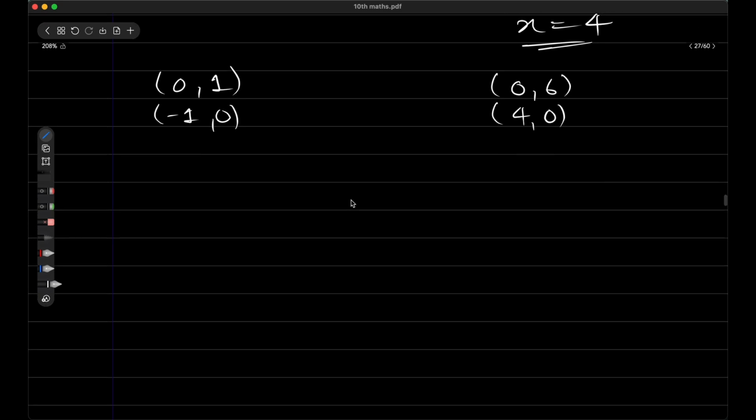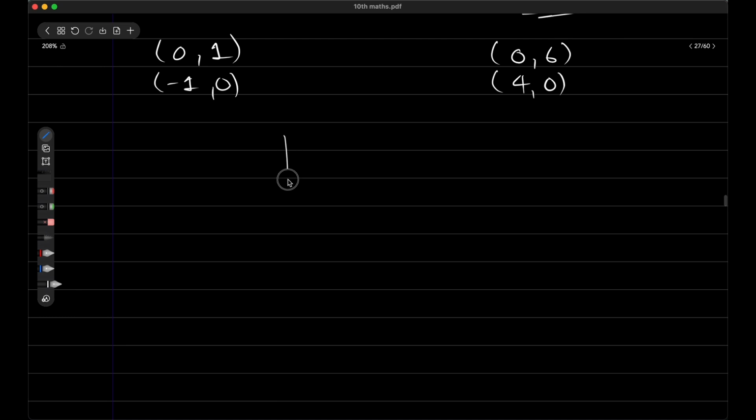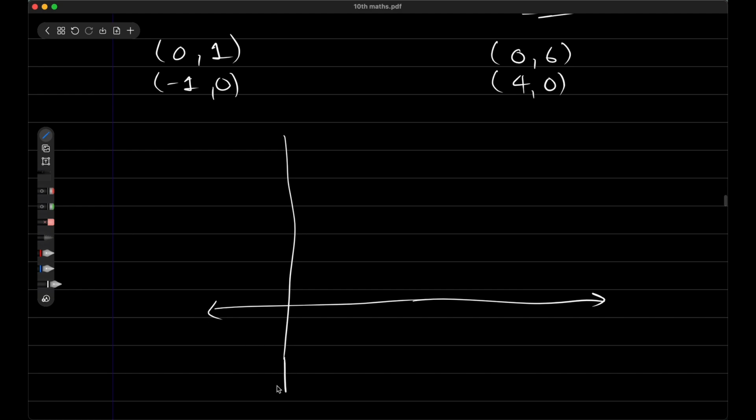Now let's plot the lines on the graph. X is 0, y is 1 and x is minus 1, then y is 0. This is the first line.